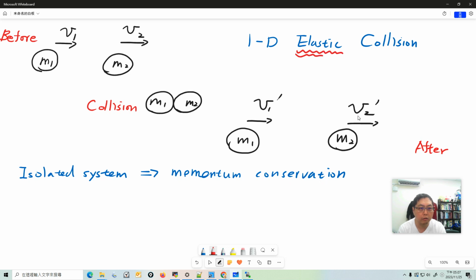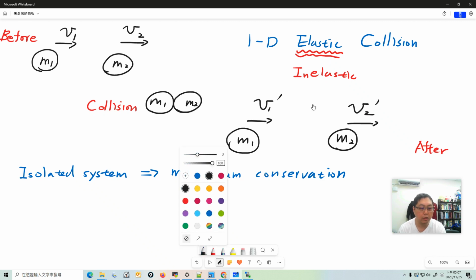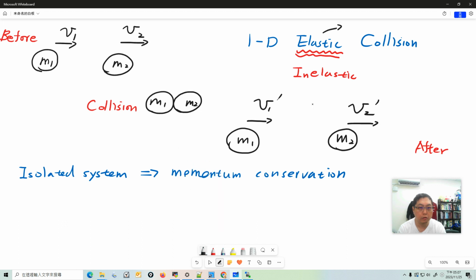There's another type of collision called inelastic collision. The difference between elastic and inelastic collision is that in an elastic collision there is no kinetic energy loss. That's called elastic collision.